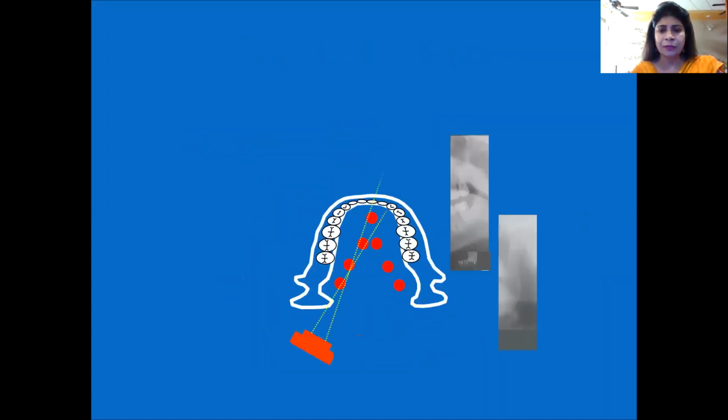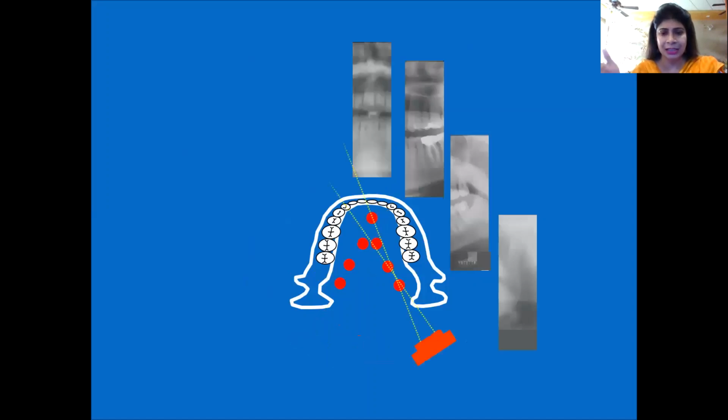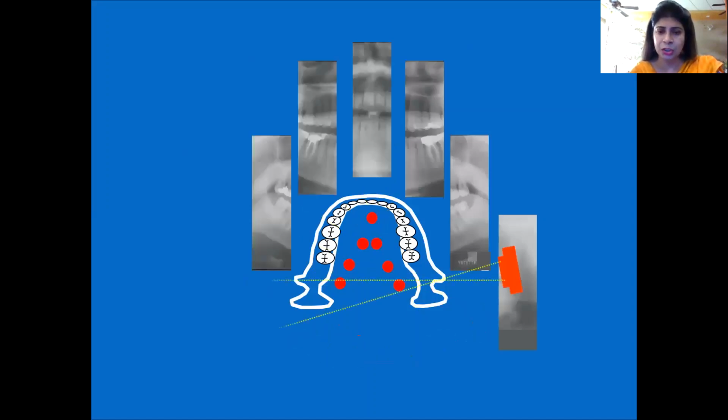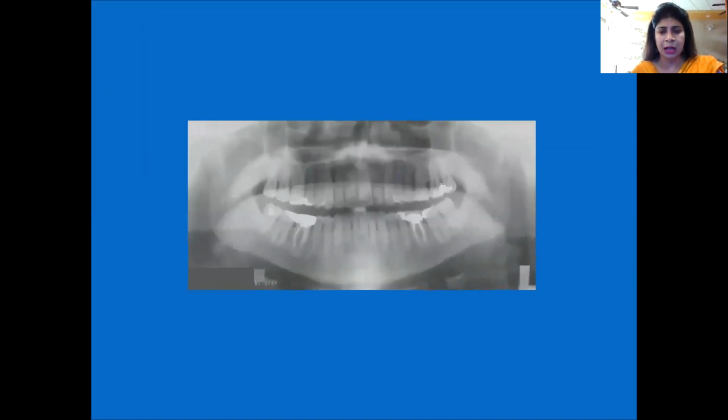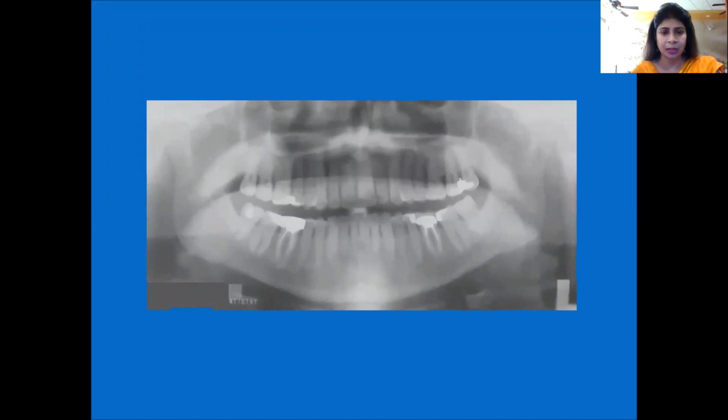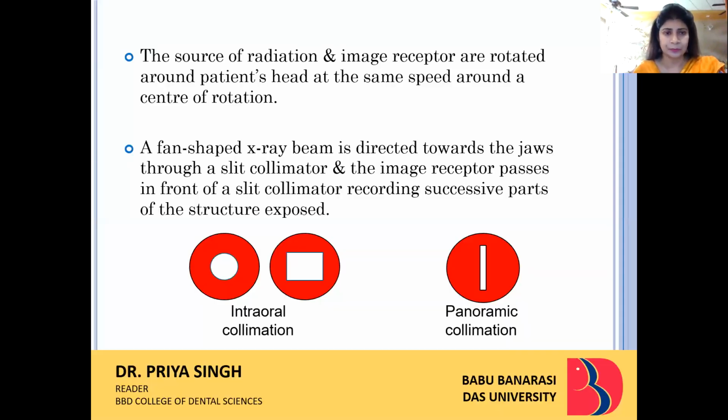It will have images taken in sections through various centers of rotation, as you can see here. And finally, the various images, which are tomo in sections, will be joined to have a final panoramic image, as you can see here.